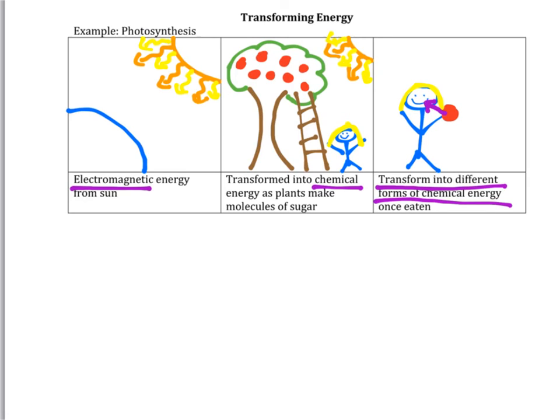Doesn't look like the safest ladder, and I'll pick that apple, and as soon as I eat it, it is transformed ultimately in this final box into a different form of chemical energy. So I drew a picture here of me eating the apple.